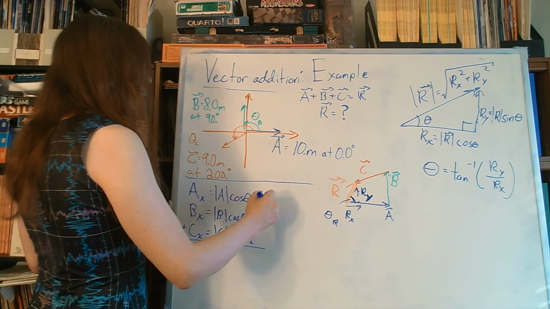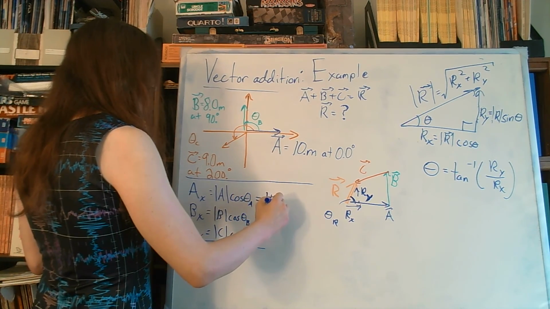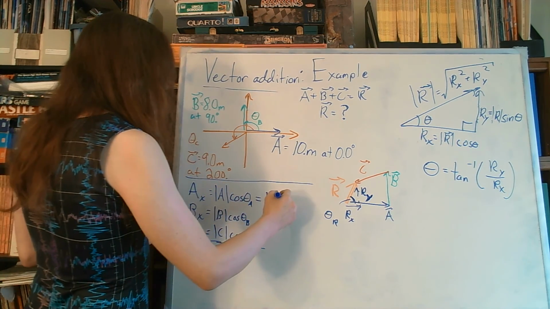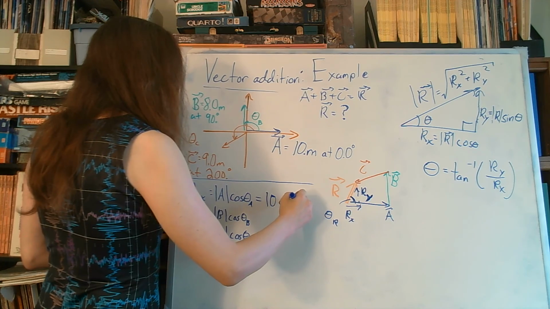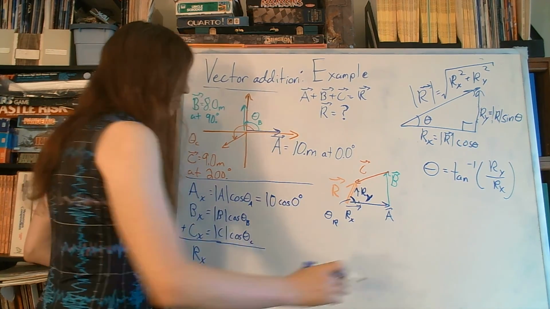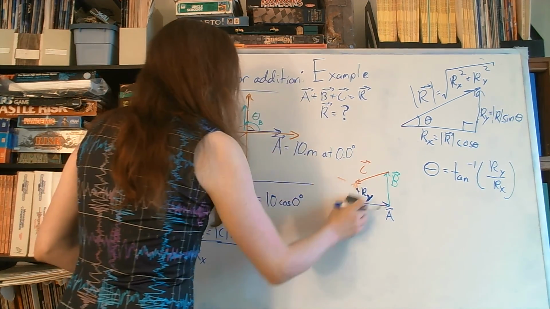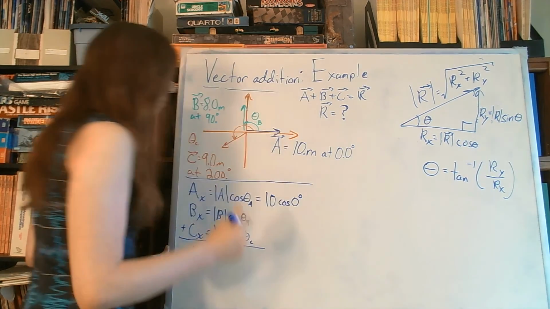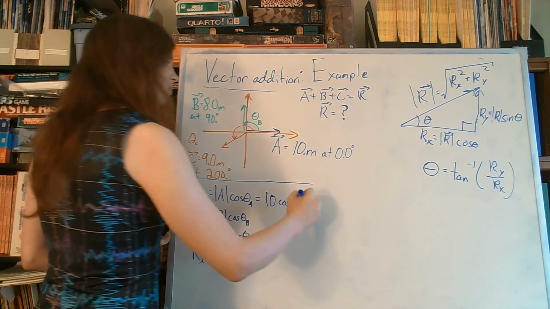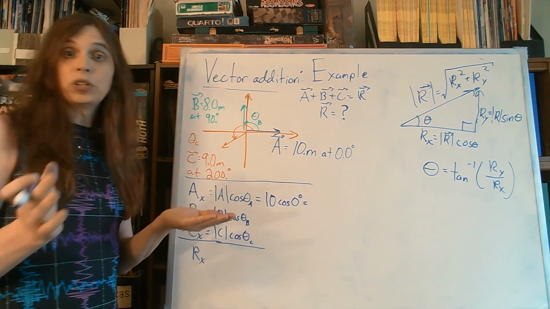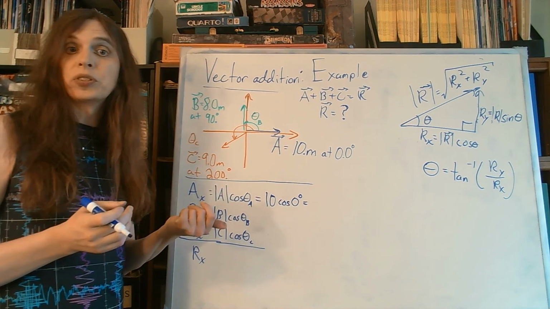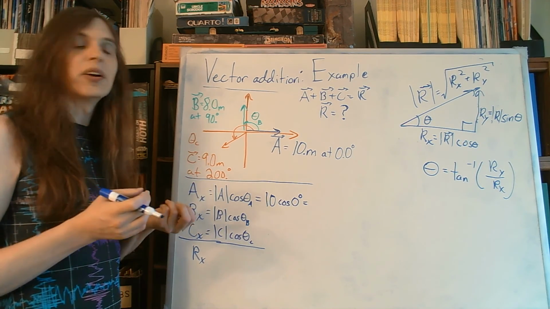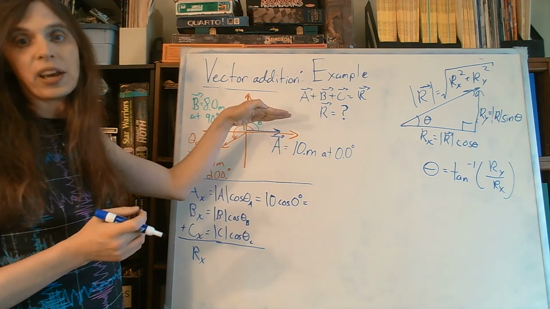So this gets to be 10. I'm going to drop off the units for space. 10 cosine 0 degrees. And here I'm going to erase our diagram as well, which we could tell by inspection without me resorting to my calculator here. It's entirely along the x direction.